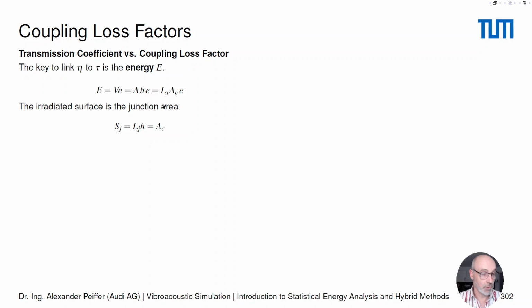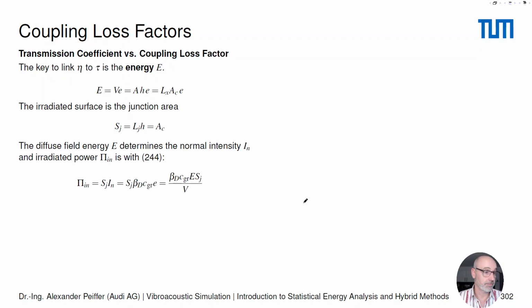The irradiating surface of a junction area is either given by the surface area, by the line multiplied with the thickness or height, or it is exactly the cross-section. The diffuse field energy determines the normal intensity on this junction area.